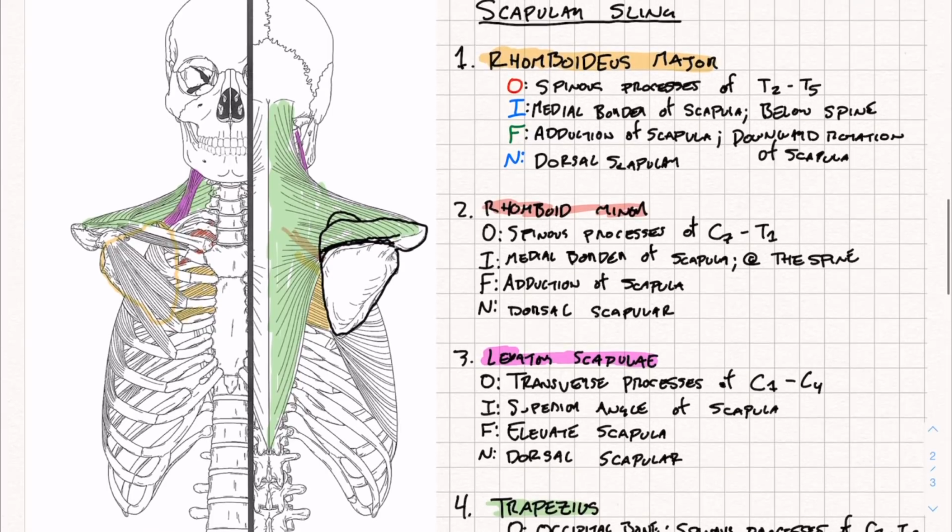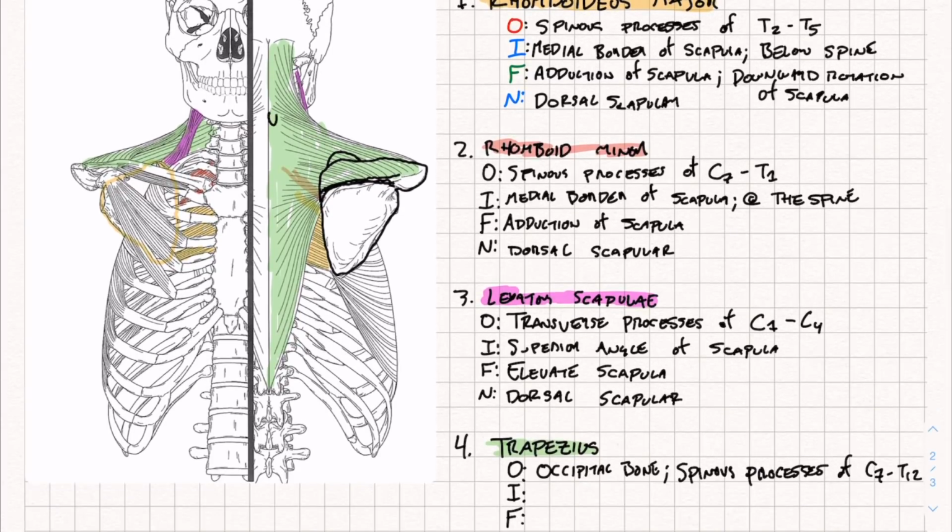So again, kind of right in this area, and then it goes down to T12. Really, the muscle attaches to all the spinous processes, but there's a bunch of muscles that do that there, so we kind of just skip over that area where it becomes the nuchal ligament.